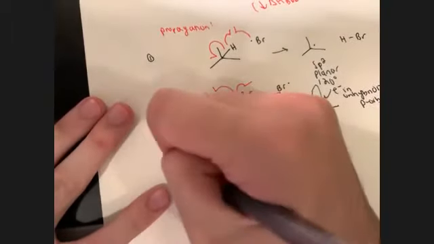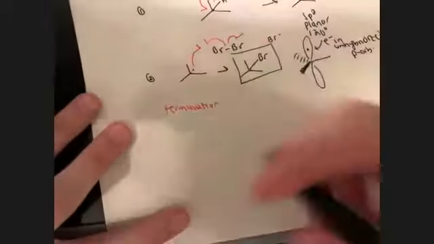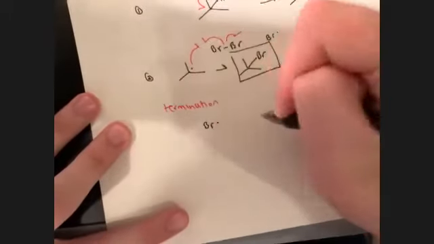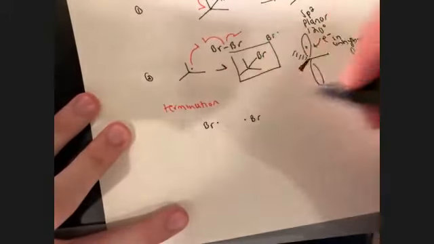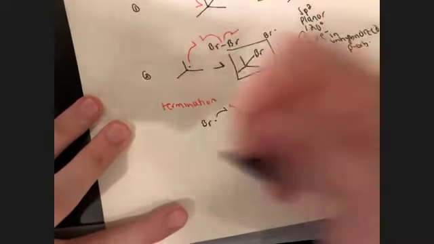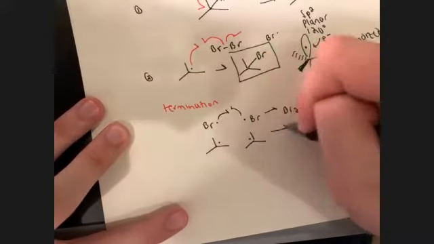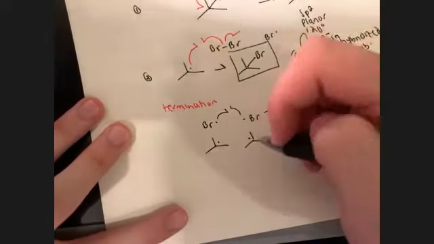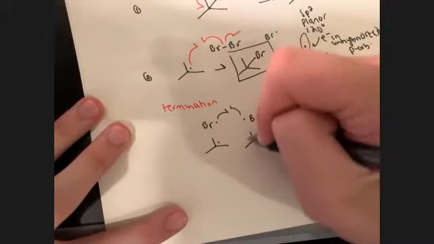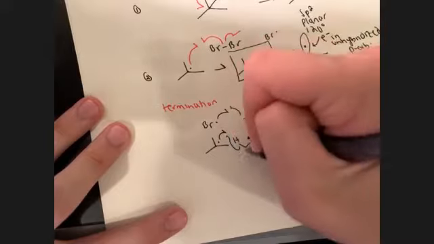But then we need to do the last step, which is termination. Termination, you can do one of 3 things for this step. You can show bromine reacting with another bromine coming together in thin air to form Br2. You can show this and that.